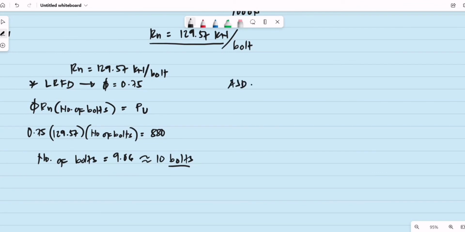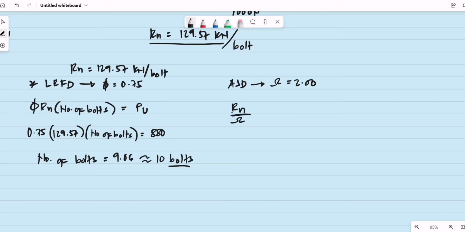for the ASD, our factor of safety is equal to 2.00. So the allowable value of the load to be carried by this connection is R sub n divided by the factor of safety.